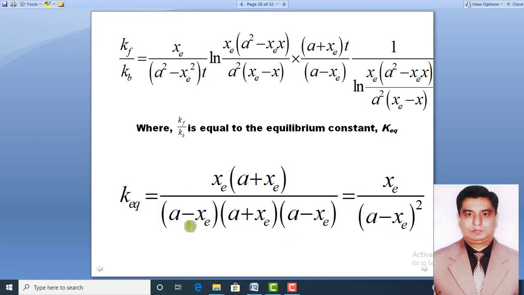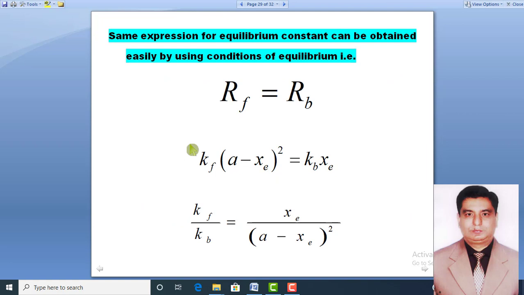Dear students, this equation has been obtained by simplifying the above equation. So here you can find that the equilibrium constant is equal to xc over a minus xc square, and the same value you can also find by directly equating the values of Rf with Rb. So when Rf and Rb are equal to each other, Kf into a minus xc square is equal to Kbxc.